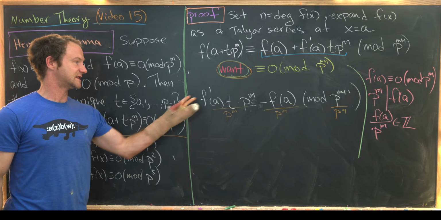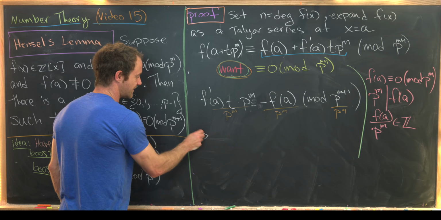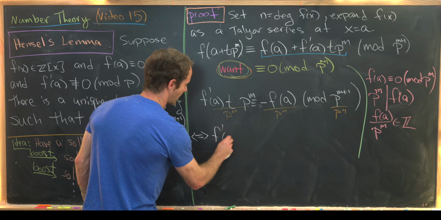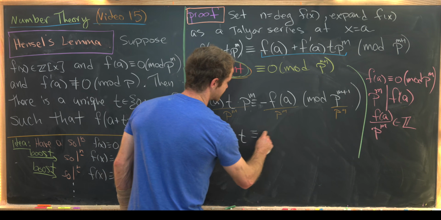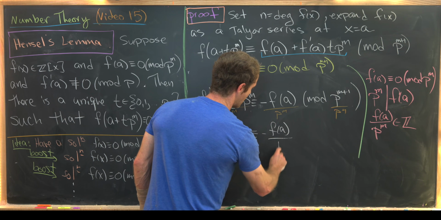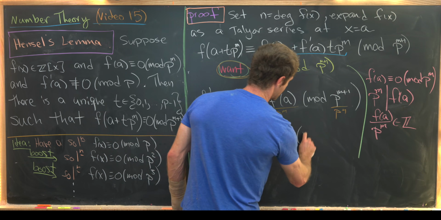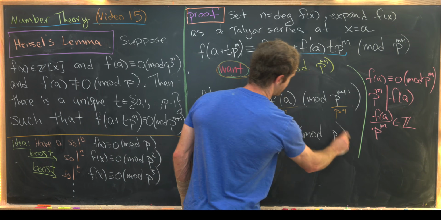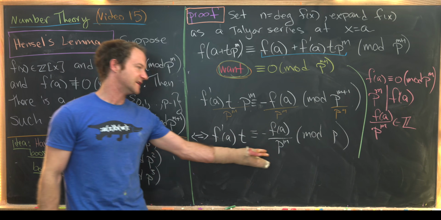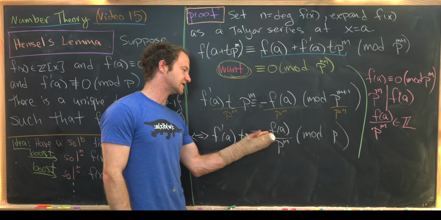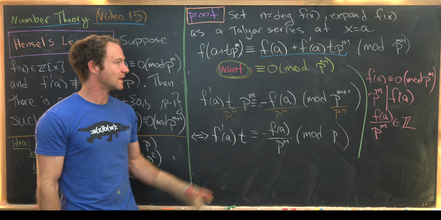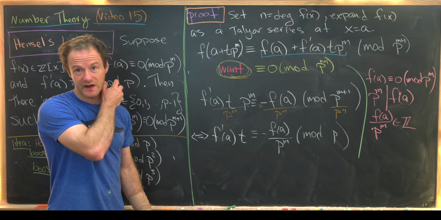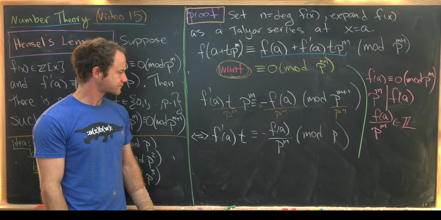So that means this thing right here holds if and only if f prime a times t is congruent to negative f of a over p to the m modulo p. Now this seems a little bit sketchy because we've got a denominator here, and generally we're just working in integers. But by that pink discussion over there, we're actually okay here.